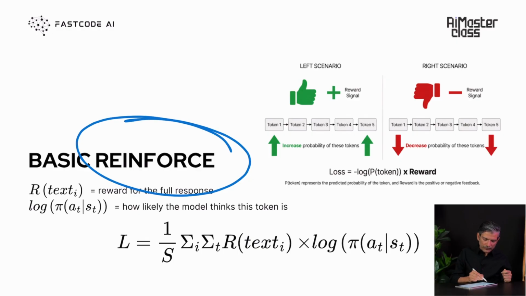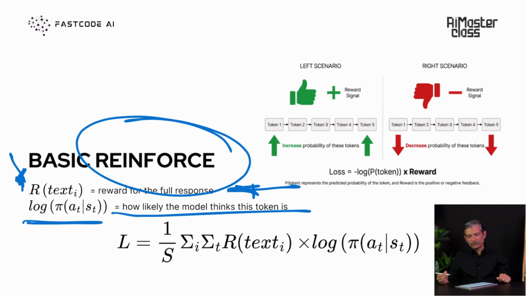They're saying, okay, if the reward of text i is the reward for the full response, for the full sequence, and this is the probability of every token, how likely the model thinks this token is, then what we do is multiply this token loss by the reward for that entire sequence. How we get this reward is a topic for the next few slides, but let's say magically we can get this reward from somewhere.